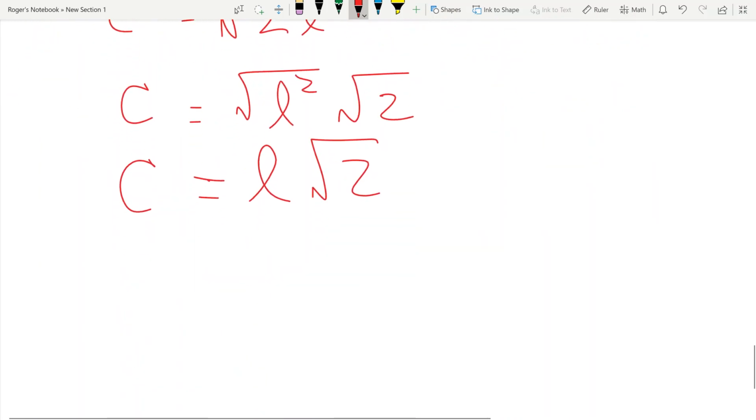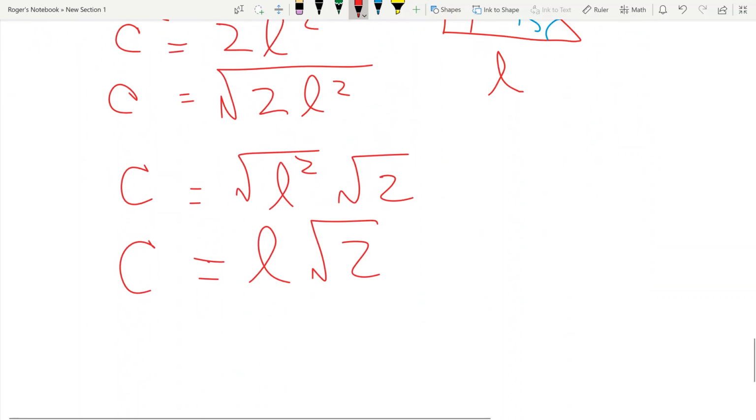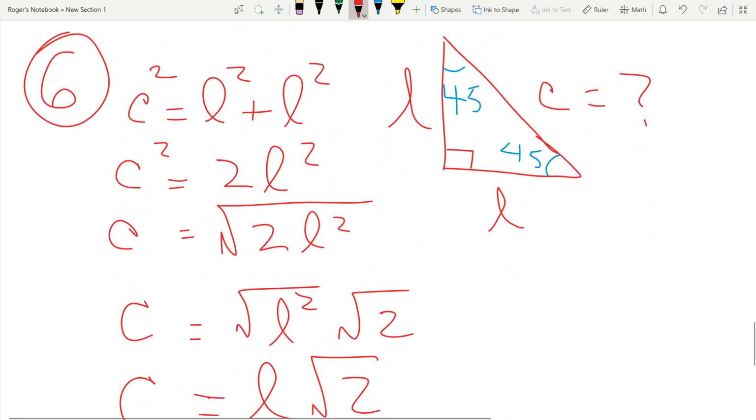In example 6, we've got L times the square root of 2. It turns out that when you have a 45, 45, 90 right triangle, the sides will always be L, L, L square roots of 2. Okay? So once again, L, L, L square roots of 2.